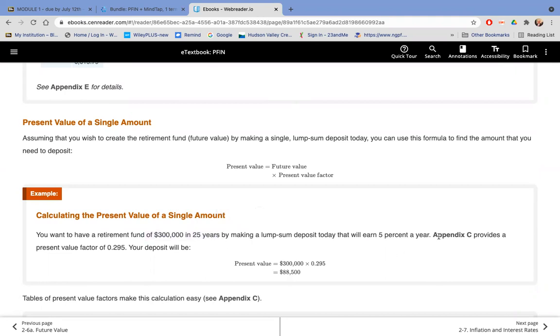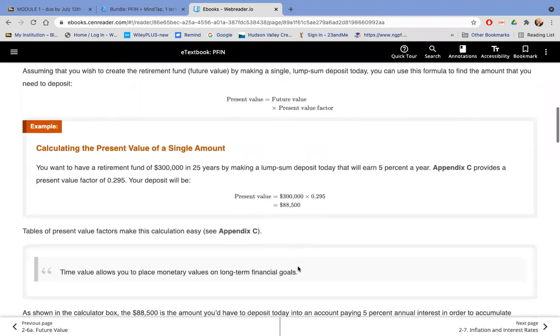Right. Well, Appendix C will give you the factor for 25 years at 5%. The factor is 0.295. You want $300,000. So you take the $300,000 and you multiply it by the factor. And that means that if you deposited $88,500 today, you waited 25 years and you got 5% per year during that time, you'll have your $300,000 when you need it.